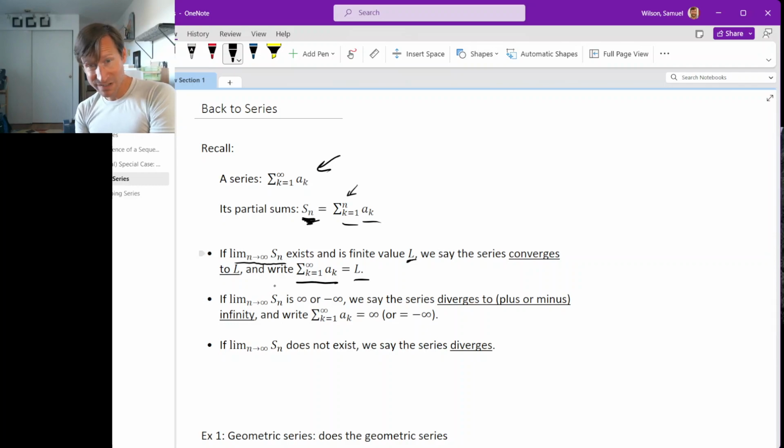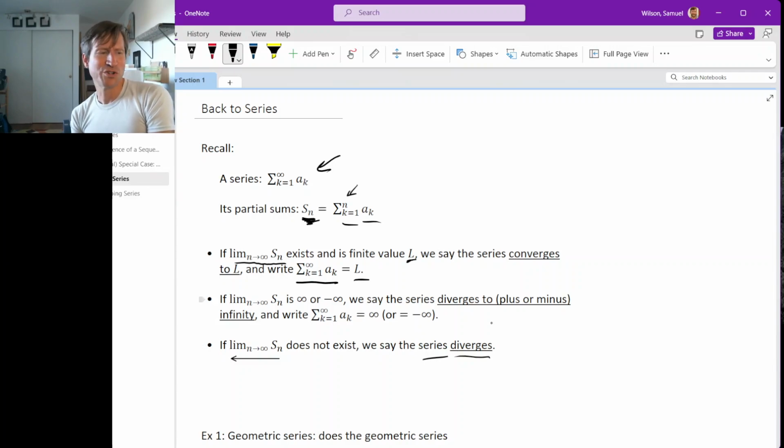If the sequence of partial sums diverges to plus or minus infinity, then we say the series diverges to either plus or minus infinity, depending on which. And if this limit doesn't exist at all, then we say that the series diverges. So it is important to keep in mind that diverging to plus or minus infinity is just a special kind of diverging, right?